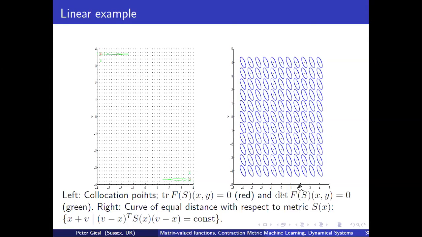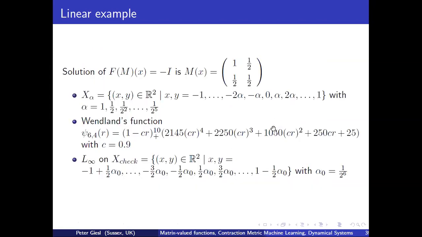If s of x would be the identity, these would be circles, and these are ellipses. You can see though that actually they all look the same for all points x. So it seems that this solution here is not really dependent on x. And that is somehow to be expected because I explained earlier that the solution of f of m equal to y for a linear case is constant.